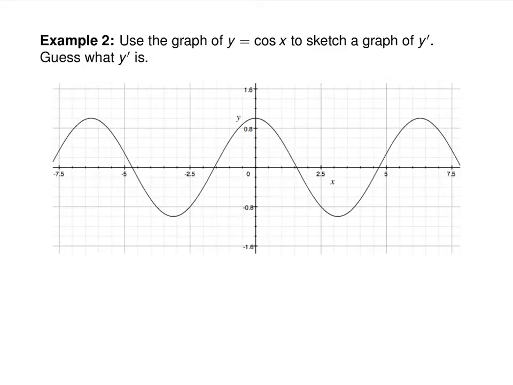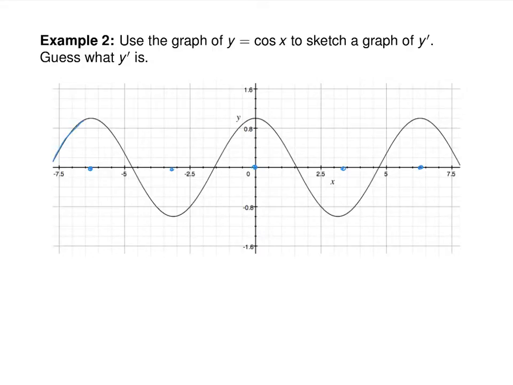So the derivative will be 0 here, here, here, here, and here. Okay. Now until this first 0, is the graph of the derivative above or below the x-axis?